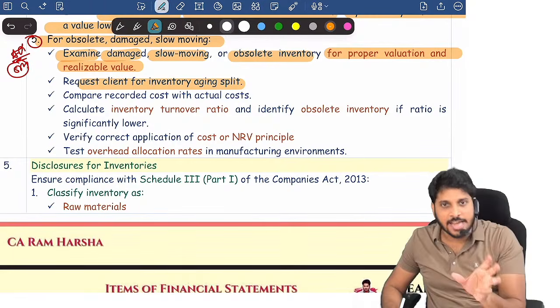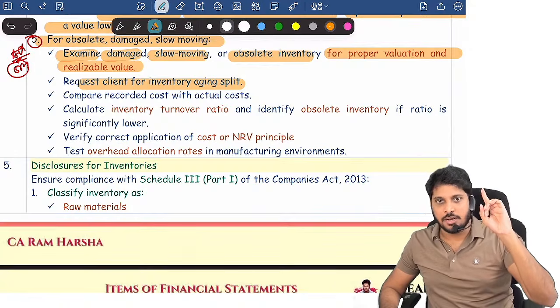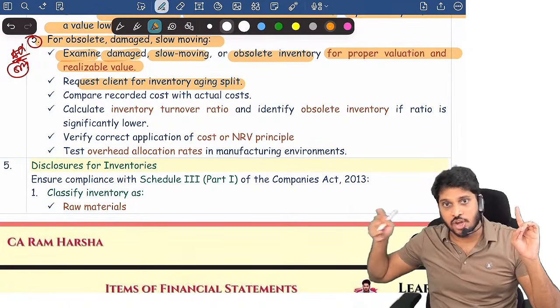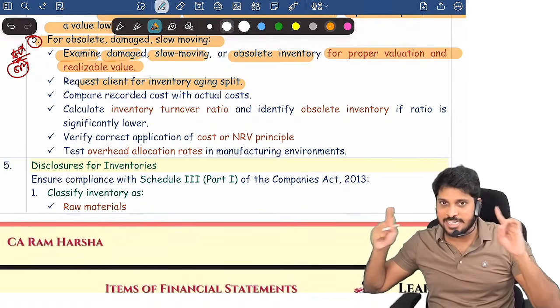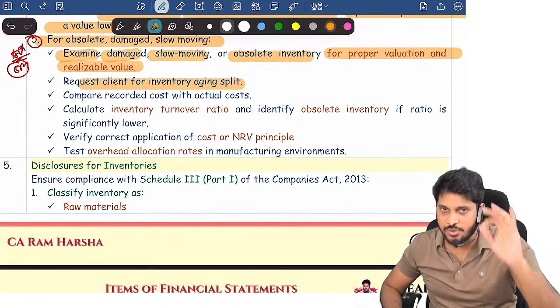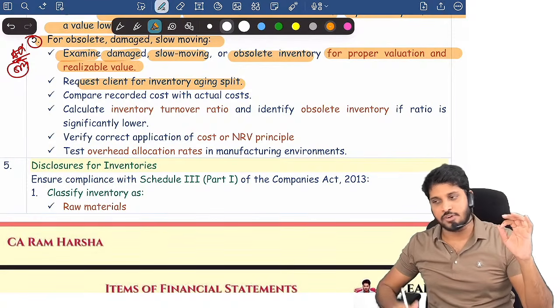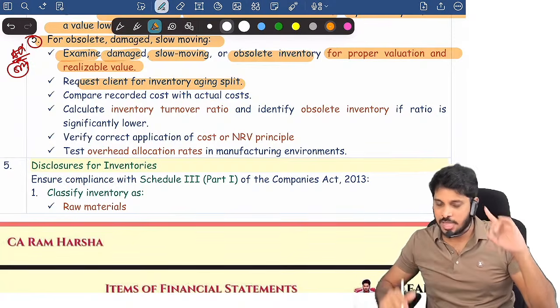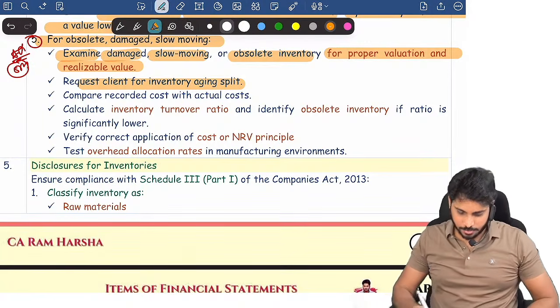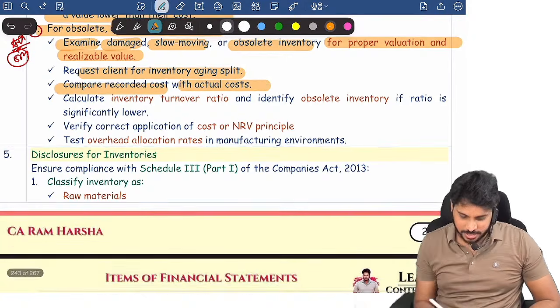You will easily identify obsolete stock and see whether it is still saleable like the latest stock. If they are saleable along with the latest stock without any reduction in value, then they can be valued at cost. If obsolete, slow moving old inventory can't be sold at current market prices, value it at NRV. And compare recorded cost with actual cost for obsolete items.